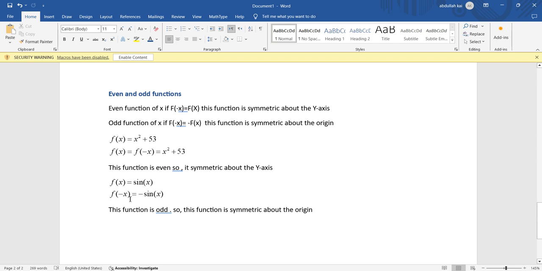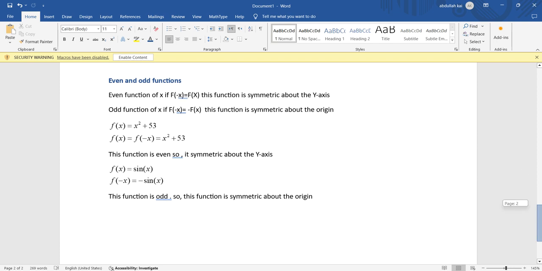F of minus x equals minus sine of x. This function is odd because f of minus x equals minus f of x. So this function is symmetric about the origin.